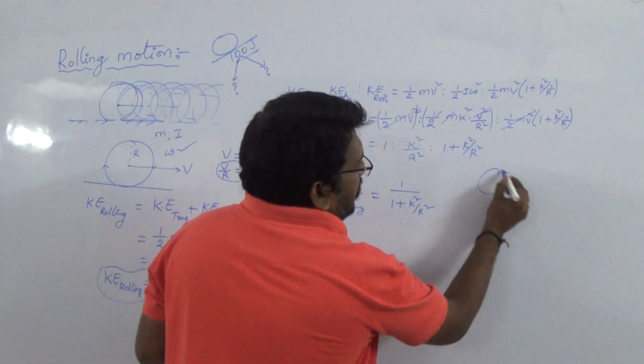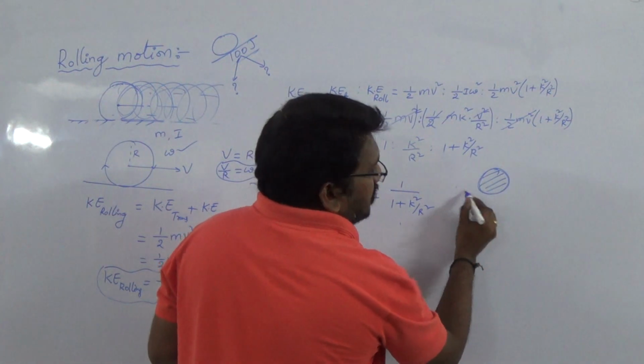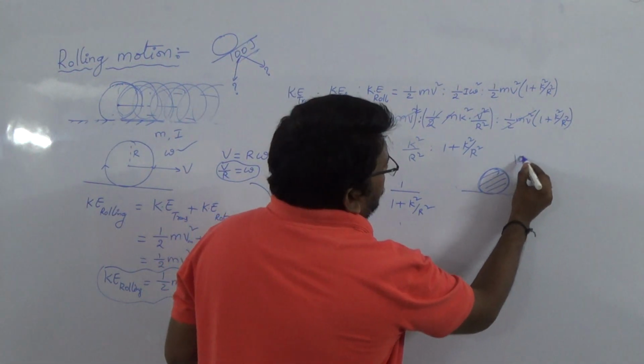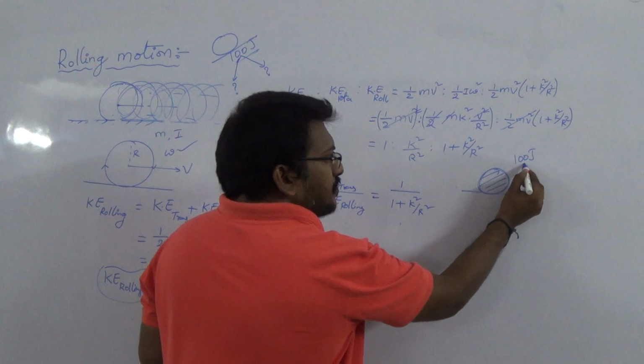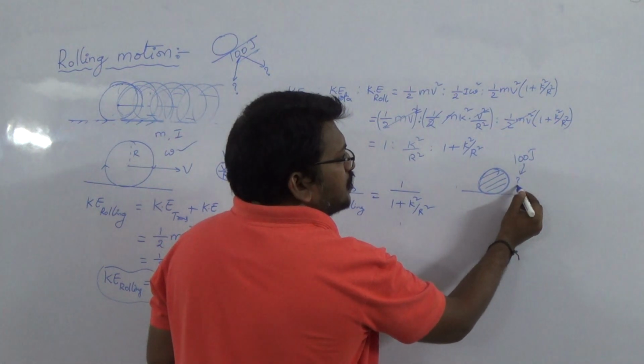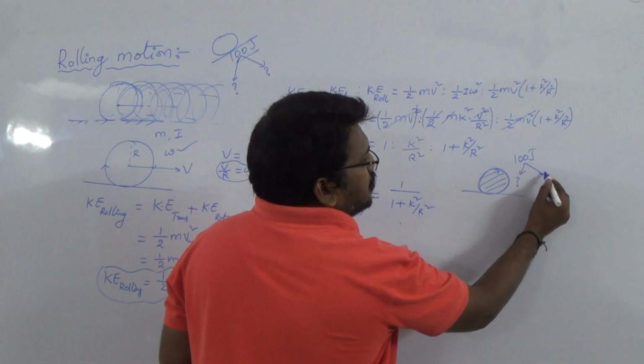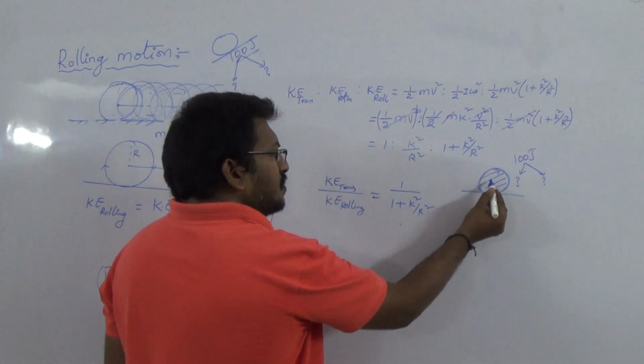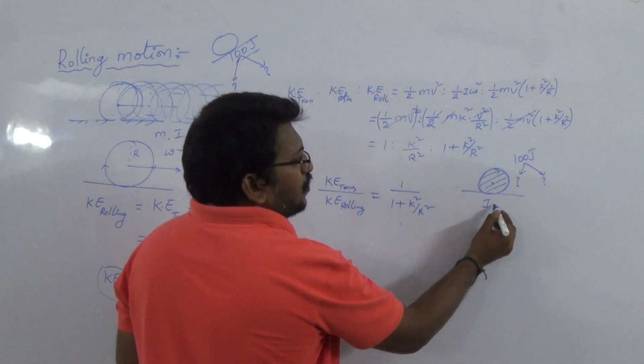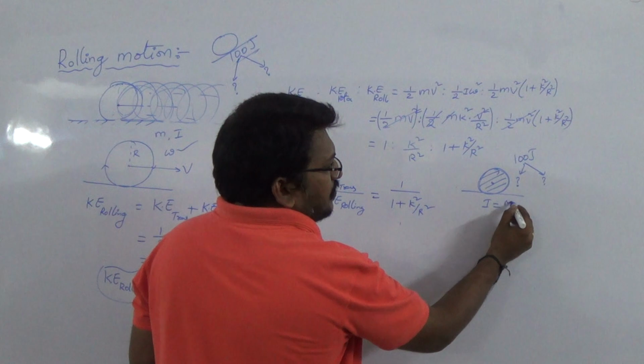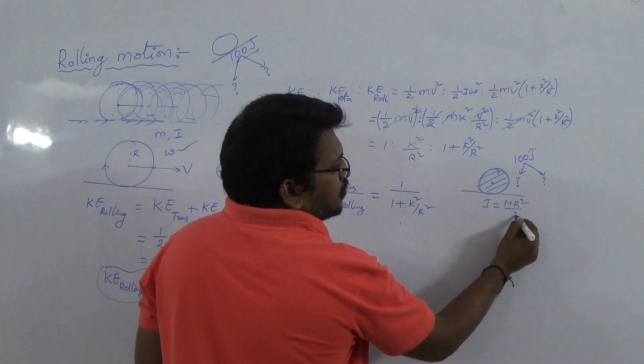For example, in case of a disk rolling with energy of 100 joules, from this, what amount of energy is due to translatory, what amount is due to rotating motion? From the same formula, in case of disk, the moment of inertia I equal to mr square by 2.